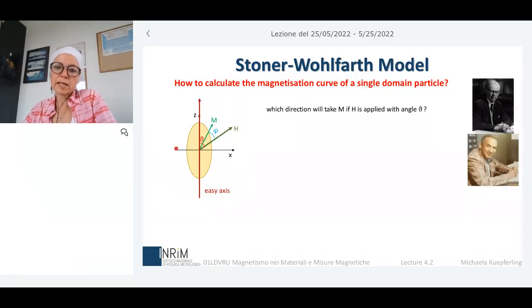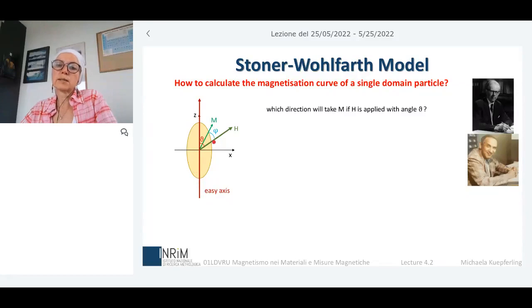So if we have a single domain particle, let's consider it ellipsoidal. And if it's ellipsoidal, we will have an easy axis along the ellipsoid. And this is an easy axis which is not created by magnetocrystalline anisotropy, but by shape anisotropy. So due to this elongated shape and the effect of the demagnetizing field, we will have an easy axis along the long axis of this ellipsoid.